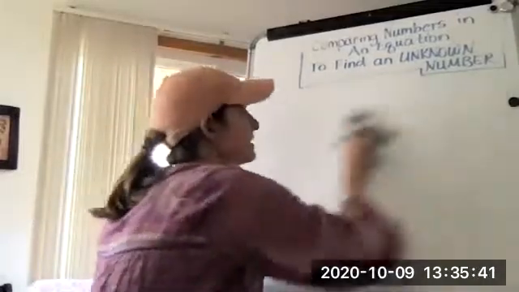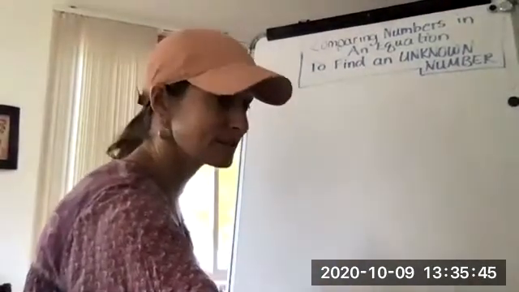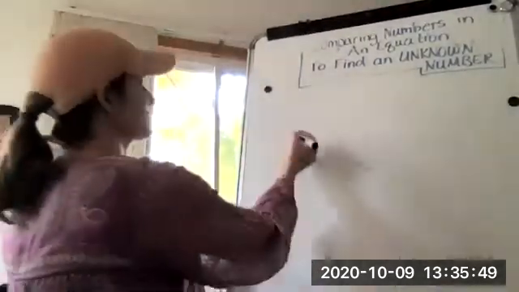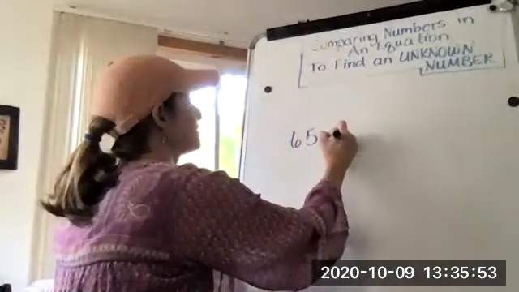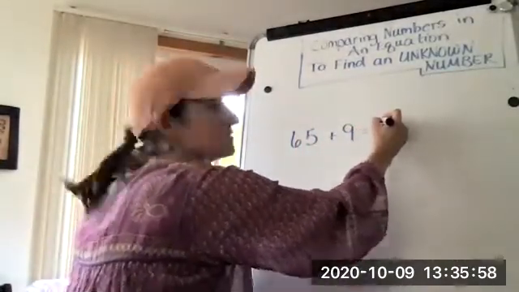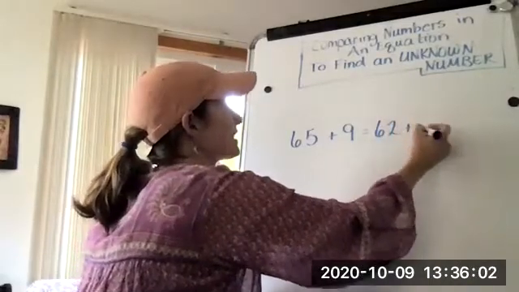So let's try it, because in the slides, you're going to notice on Buzz that some of the equations are a little bit larger. Okay, so what we're going to do is I'm just going to pick a number. Let's do 65 plus 9 equals, I'm going to do 62 plus unknown.